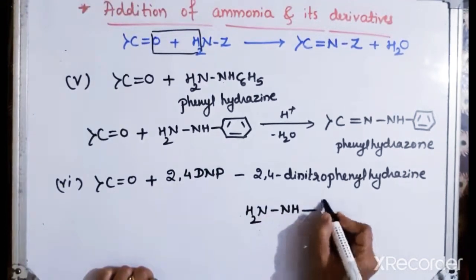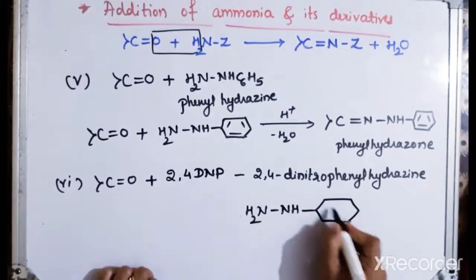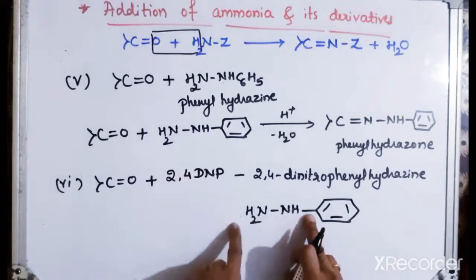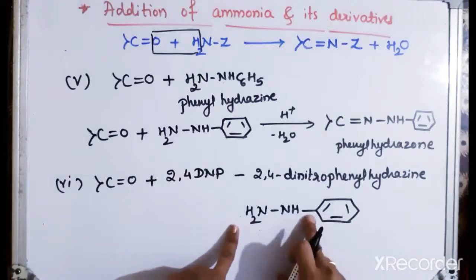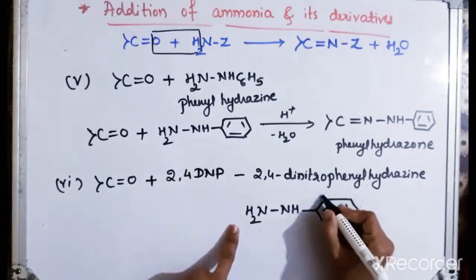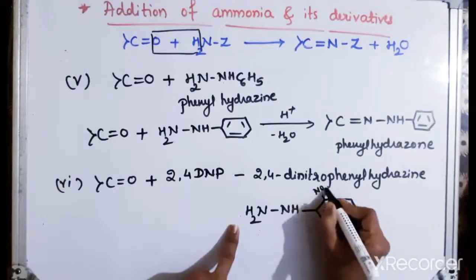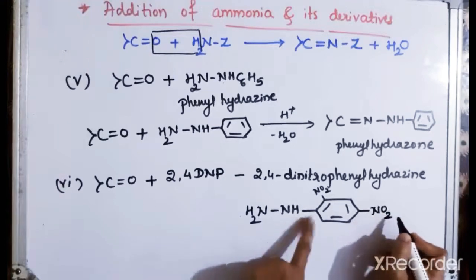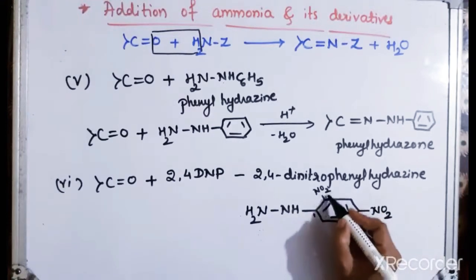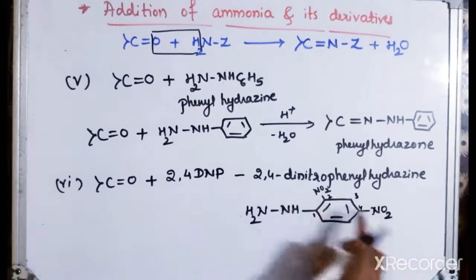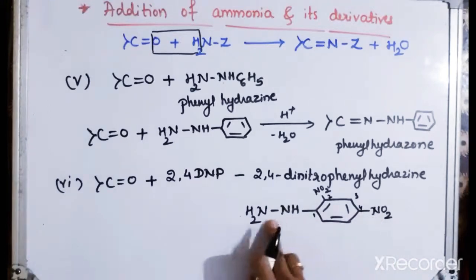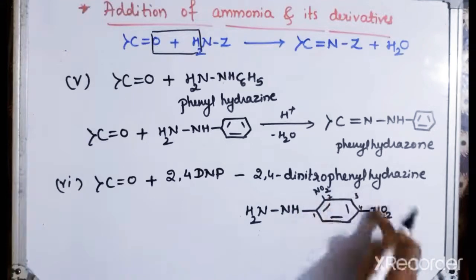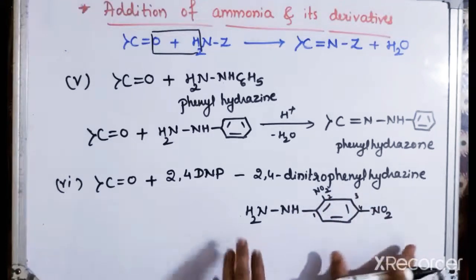This is our phenylhydrazine, and this is the substitution to the benzene ring. Consider it as the first position. The second position is this one, where we have one nitro group, and the fourth position is this one with respect to this group. First, second, third, fourth. So this is the compound 2,4-dinitrophenylhydrazine.